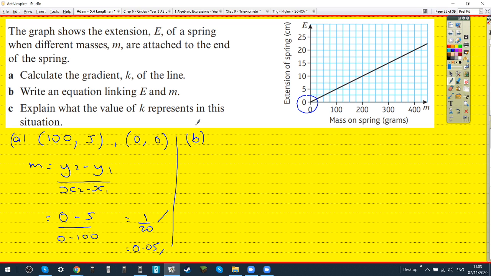So would be written as... should it be something like E over M? This is a different way of saying y equals mx plus c. That's what they're looking for. Okay.